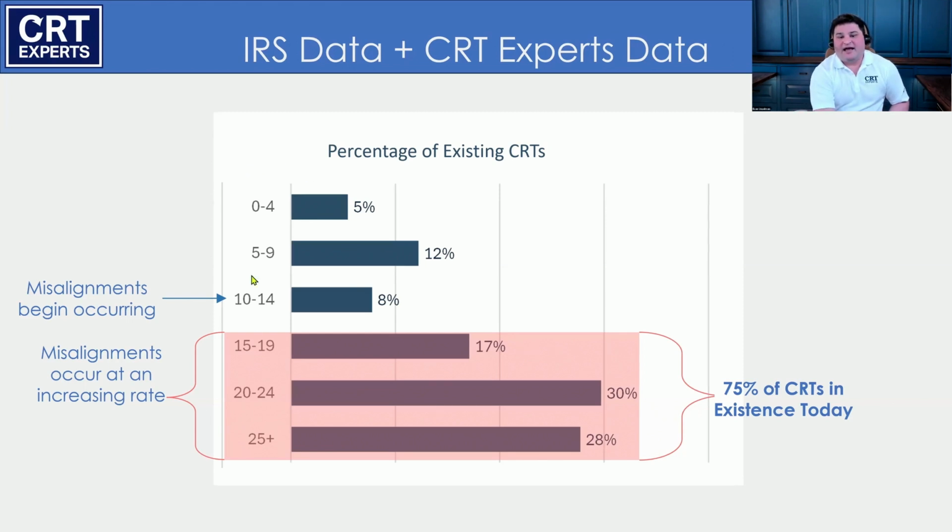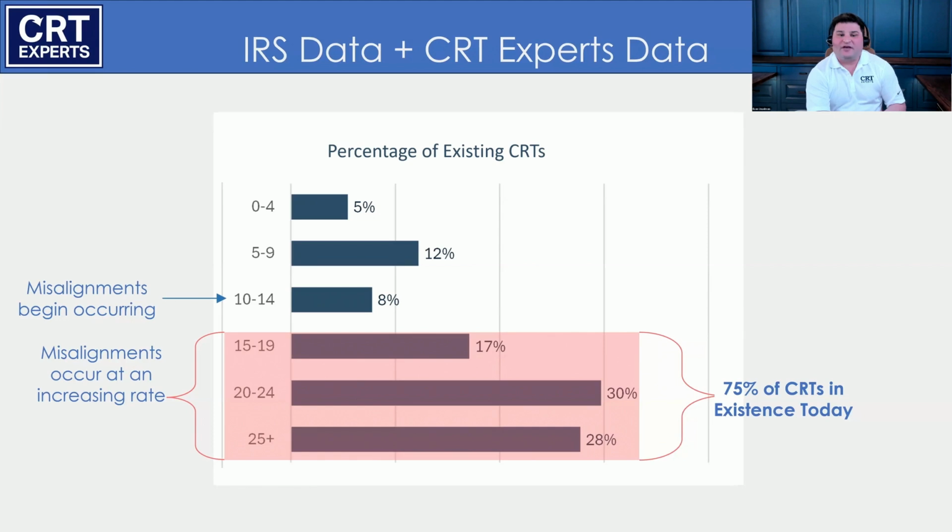So we have when these misalignments are occurring, they start occurring about 10 years, and then at an increasing rate, and we can see this is where most of the CRTs are out there. So most CRTs out there are in this window where misalignments are most likely to occur, and what we'll talk about today, how to fix those misalignments, is most likely to be applicable.